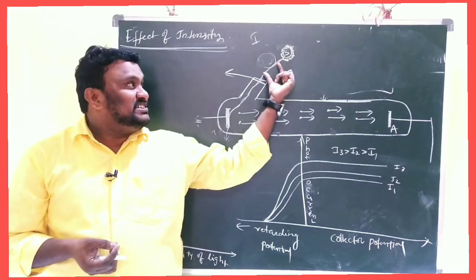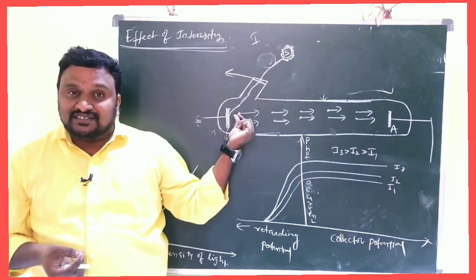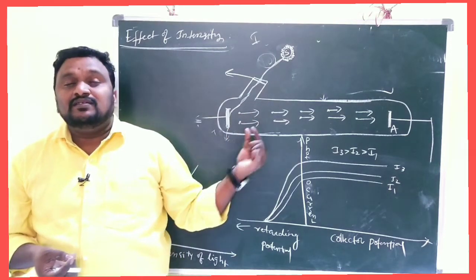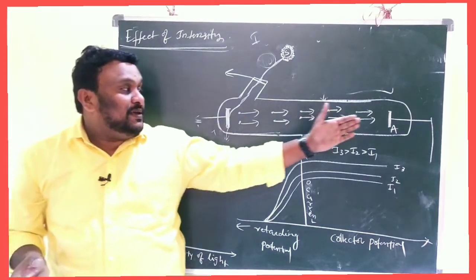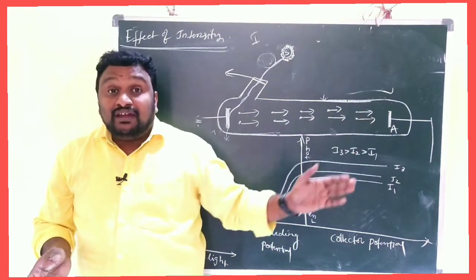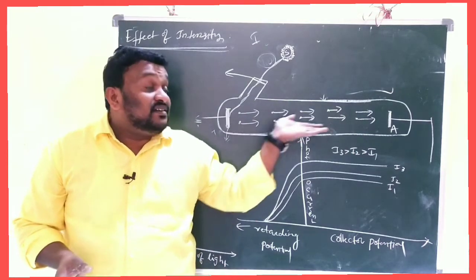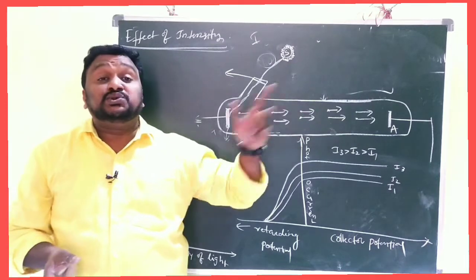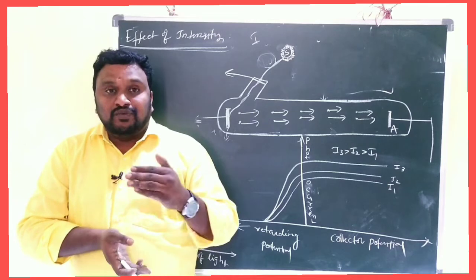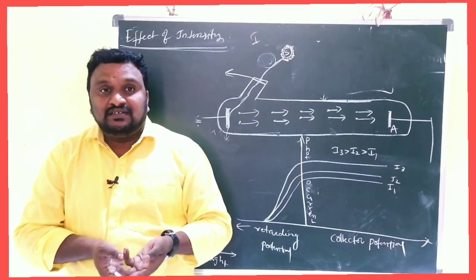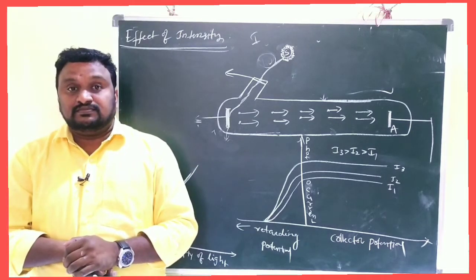When less intensity of light is incident on the C, very few electrons are emitted, and those are collected by the A. When the intensity increases, the number of electrons moving from C to A also increases. It means that when intensity increases, the number of electrons emitted by the C also increases.